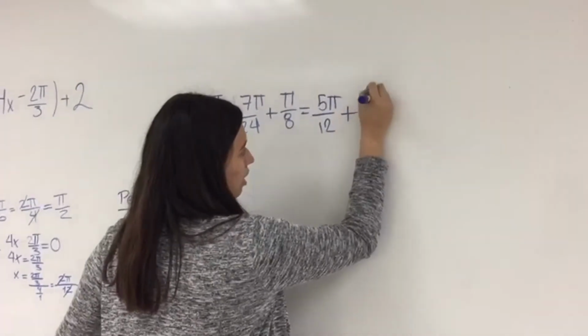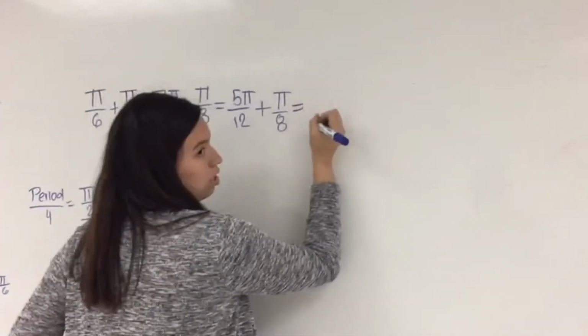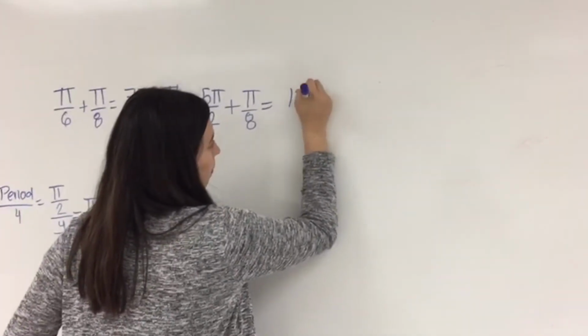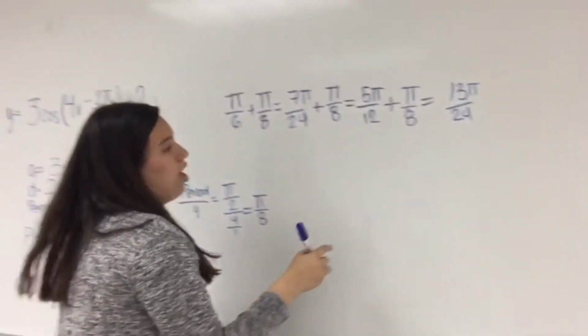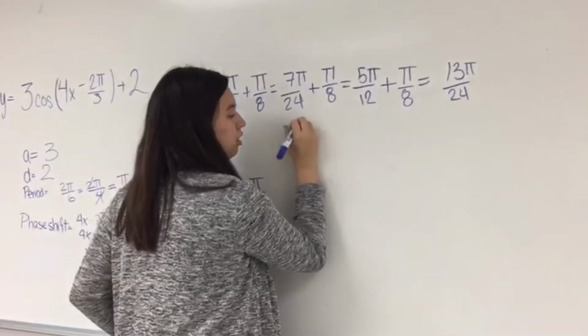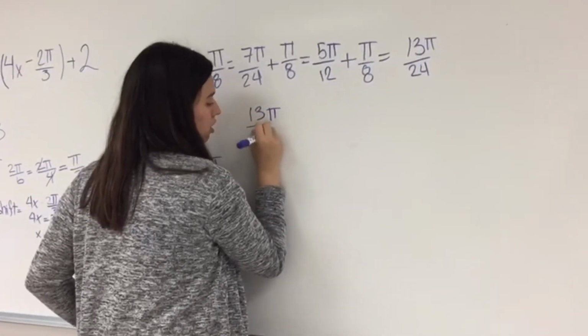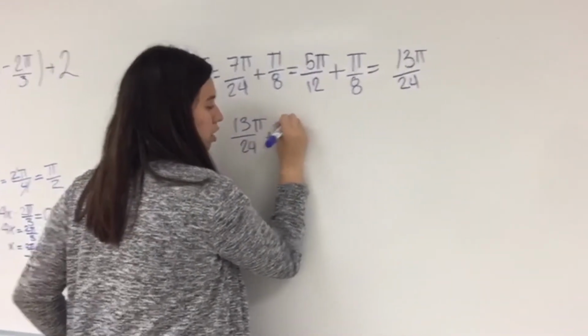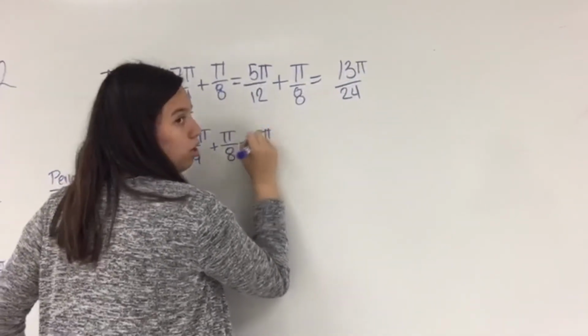And then we will add again. And this will give us 13π over 24, and to get the final point, we will also add the π over 8, which will give us 2π over 3.